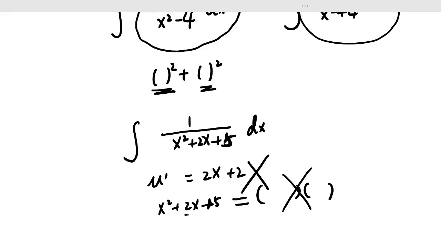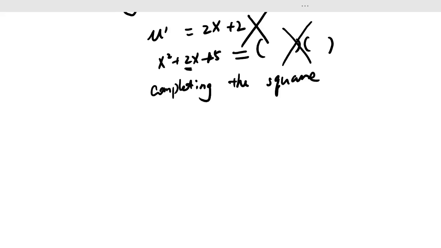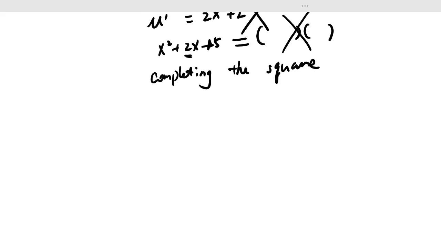I cannot get the middle term, so I cannot do factoring. This is not partial fractions. What else can I do? Now we are doing completing the square. We're just going to complete the square first, then go back to the integration problem.